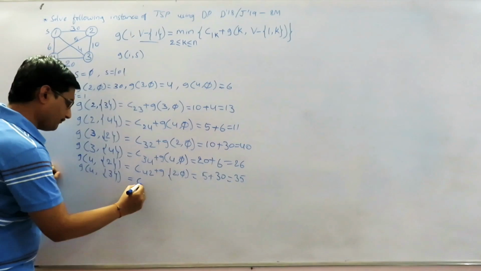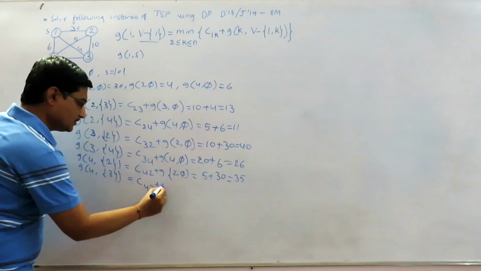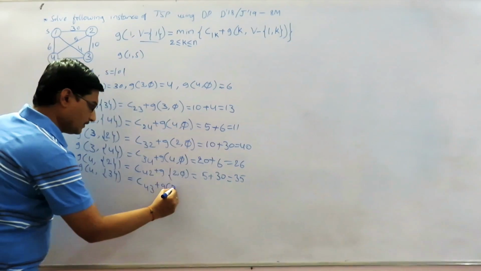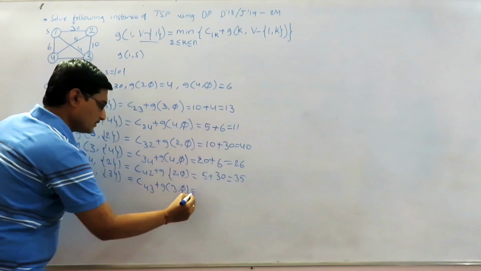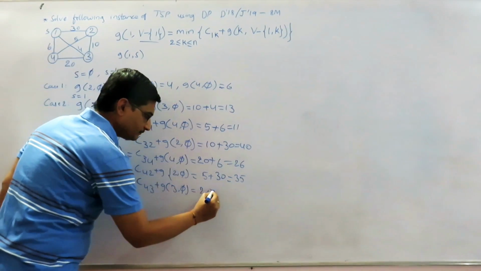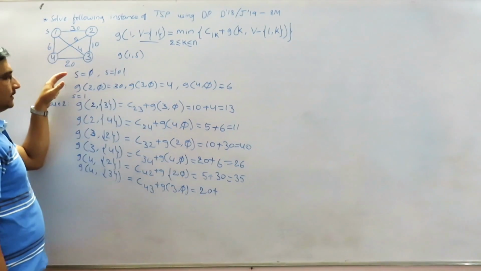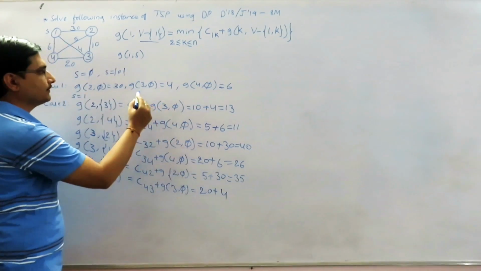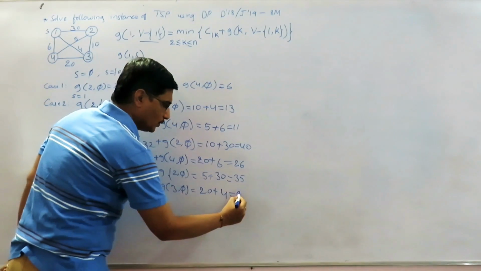Then C43 plus G of 3 comma phi, that is 4 to 3 is 20 plus G of 3 is 4. So this is equal to 24.